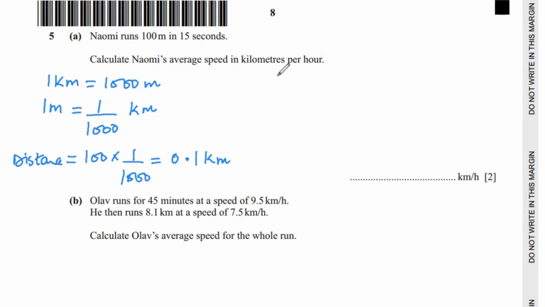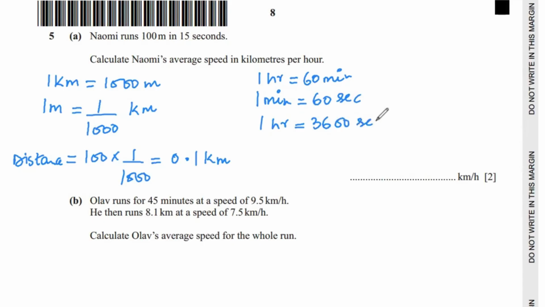Now for the time. 1 hour is 60 minutes. 1 minute is 60 seconds. So 1 hour equals 3600 seconds.